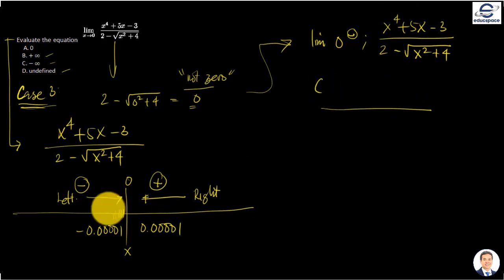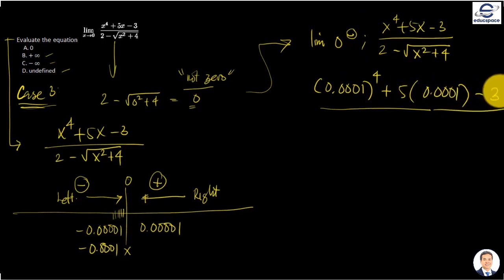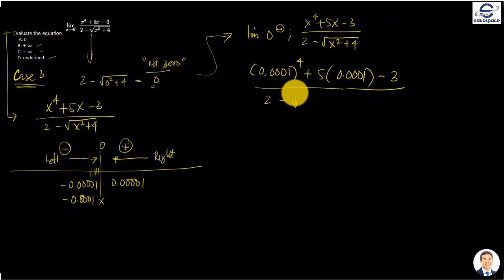So negative, let's use 0.0001. 0.0001 to the fourth plus 5 multiplied by 0.0001 minus 3, and then 2 minus the square root of 0.0001 squared plus 4, equal sign.